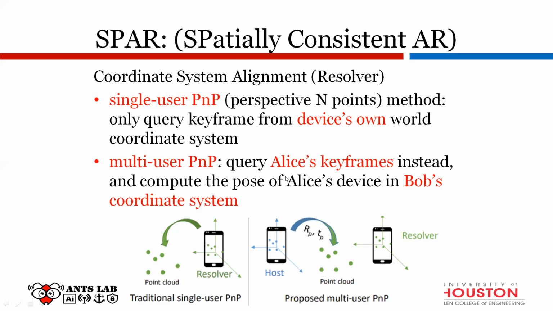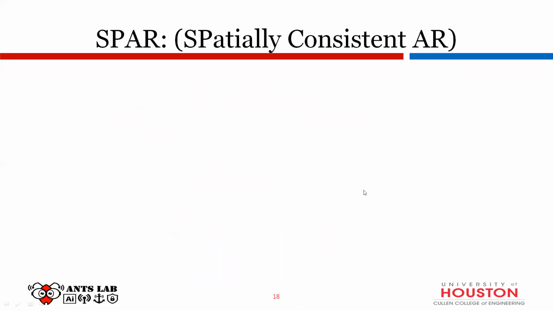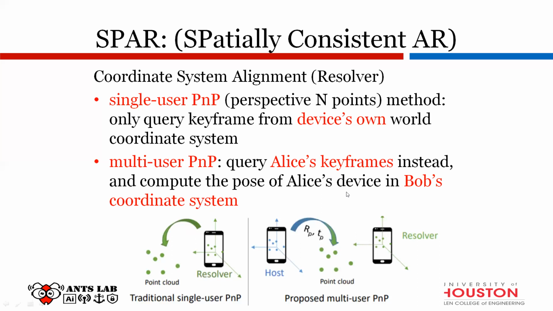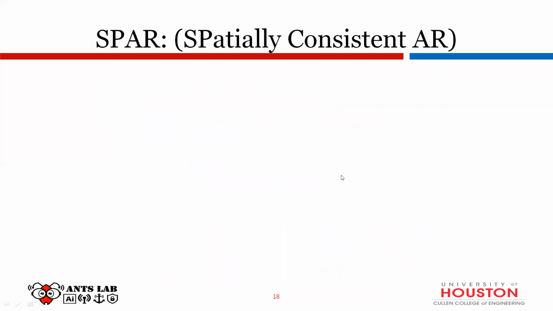That way, the pose you compute is actually the transformation of Bob, the resolver, because now you're using Alice's keyframes. That is how they draw the link between the host and the resolver, and that way they can get the transformation between those two coordinates.